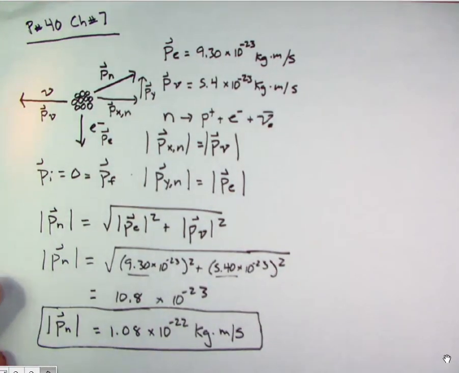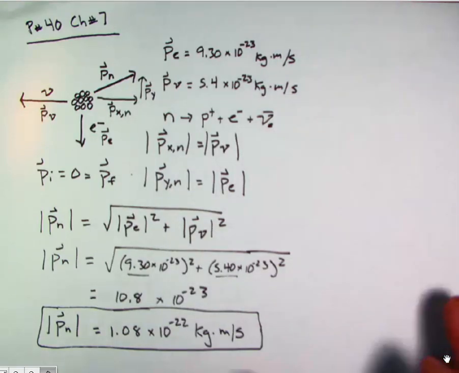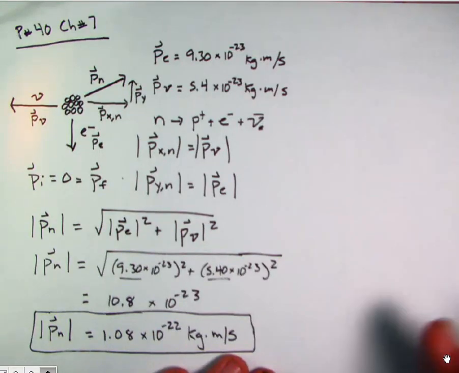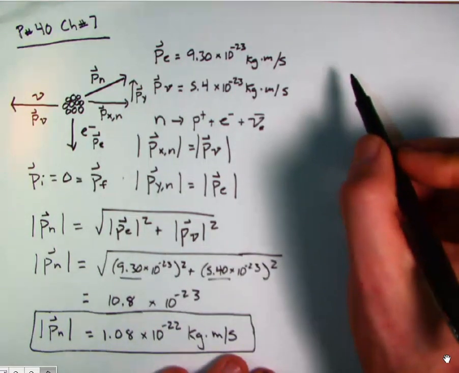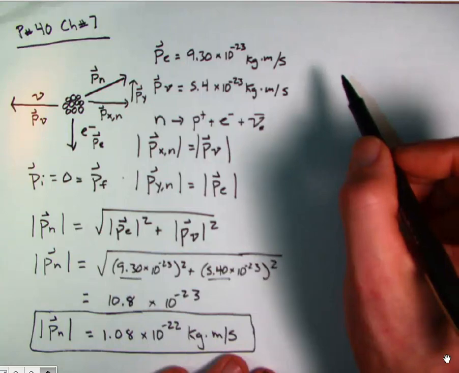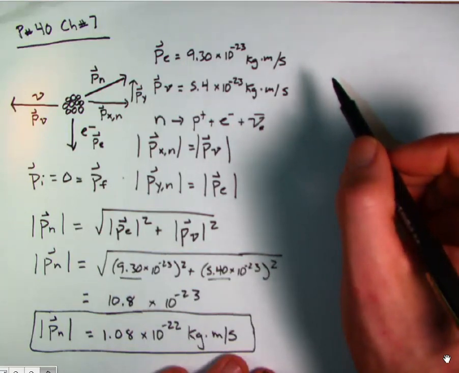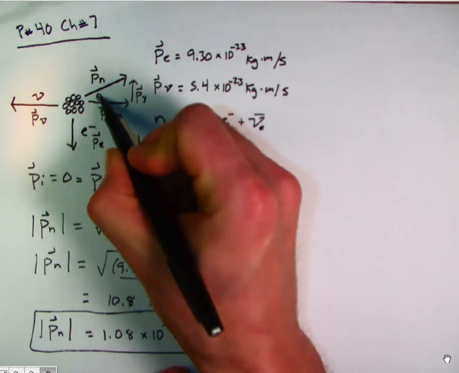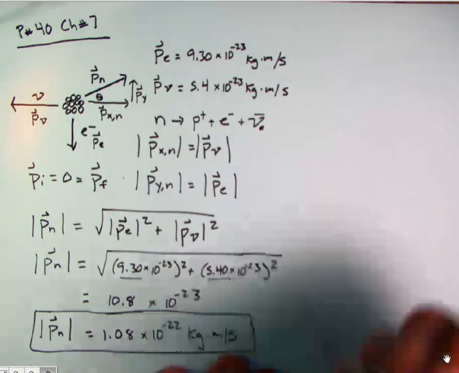All right. So conservation of momentum, even at the atomic level, is in full effect here. It also wanted to know a direction, so we could solve for a theta here. Let's say we put a theta right in there. What would that angle be?